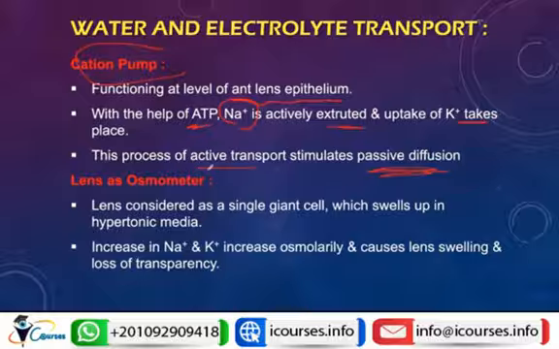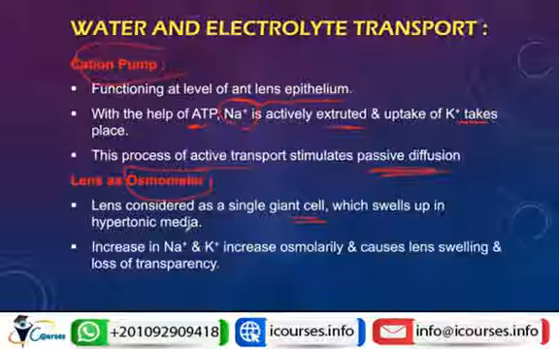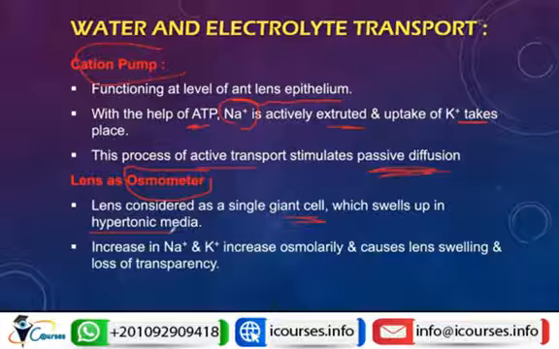The lens also can be considered as an osmometer. It can be considered as a single giant cell that swells up in hypertonic media. Since it is surrounded by fluids anteriorly and posteriorly, there is a concentration of molecules within the lens, so that it has an osmotic pressure.